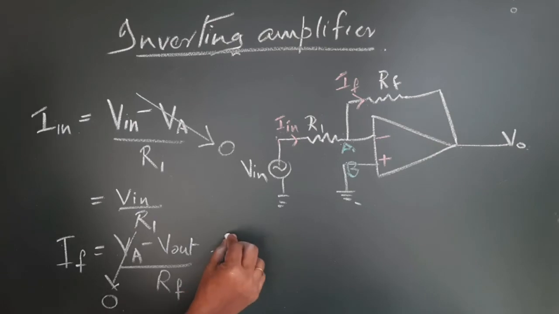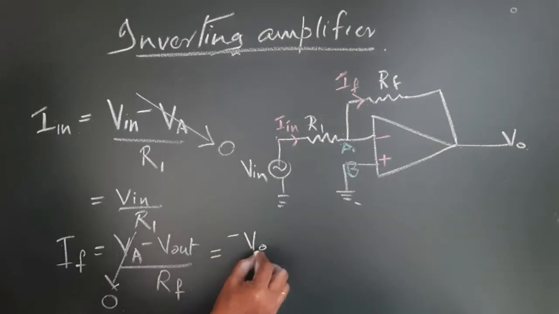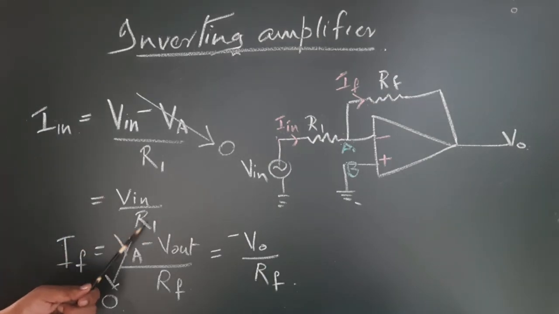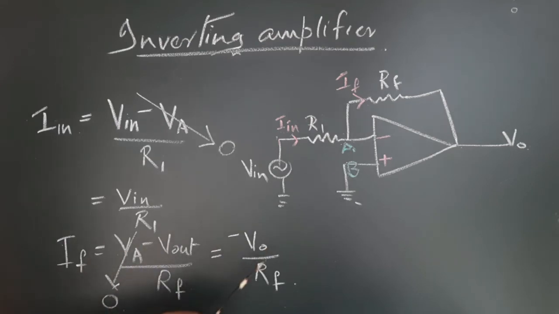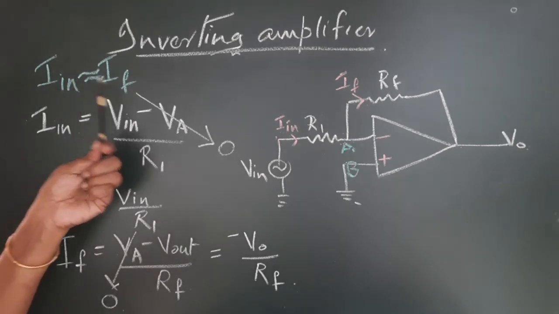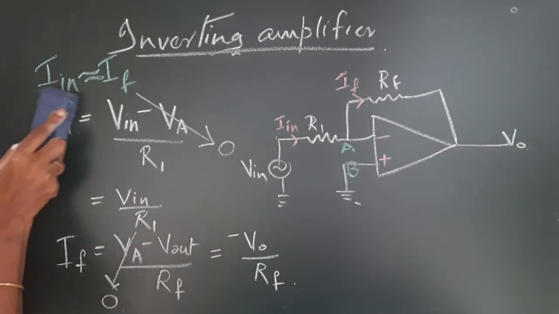So your expression becomes minus V out by RF. So I in is V in by R1 and IF is minus V out by RF. Now we know that I in equals IF. So let us write it in that way.